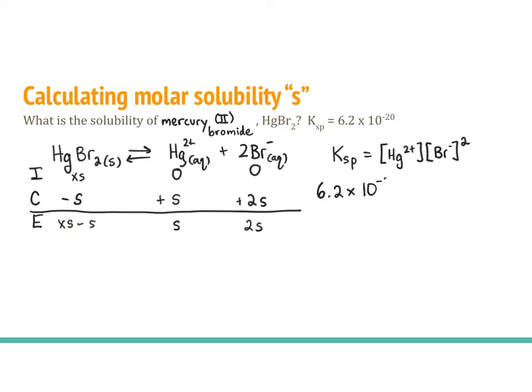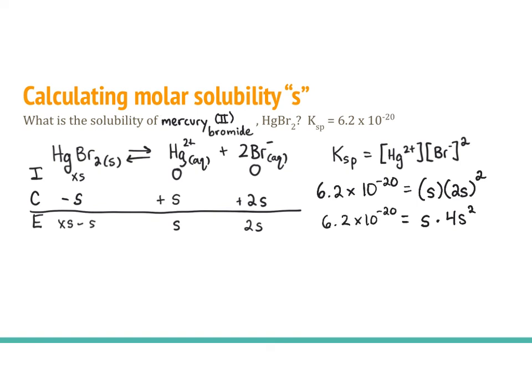So I know the KSP value, I've given it, it's 6.2 times 10 to the negative 20th. The concentration of the mercury ion at equilibrium is S. The concentration of the bromide ion at equilibrium is actually 2S. So you have to be careful here that 2S is going to be squared. So this expression becomes S times 4S squared equals 6.2 times 10 to the negative 20th.